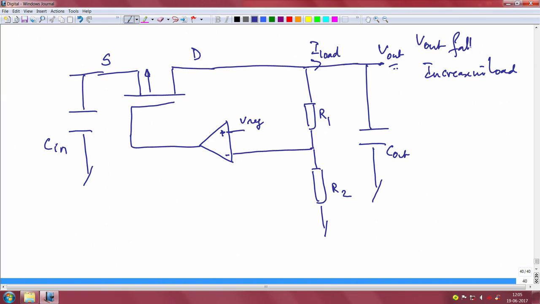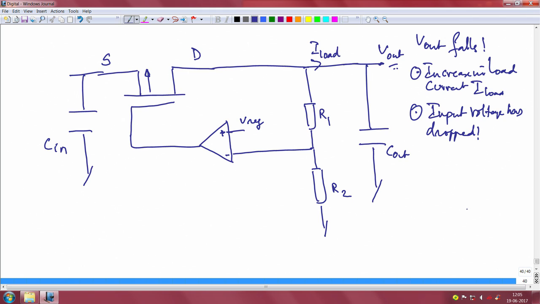Why does V out fall? It can be because of an increase in load current, which is nothing but I load has gone up, or it could also be because the input voltage has dropped. These are the two possibilities.